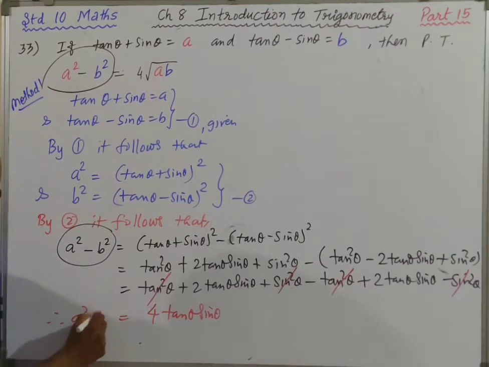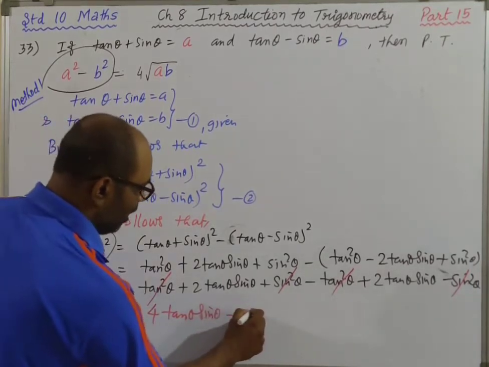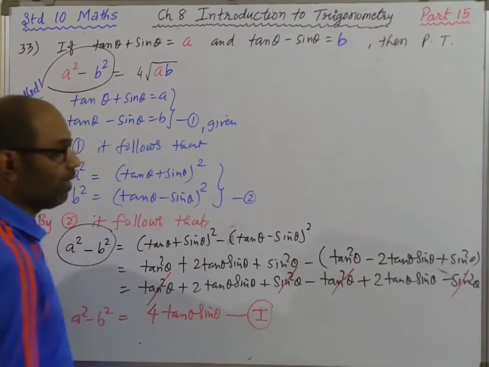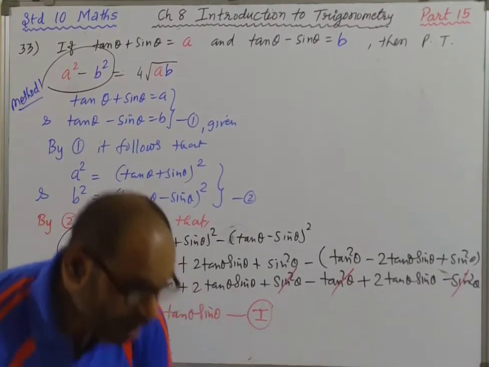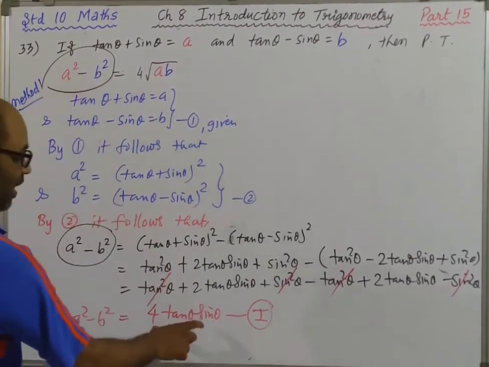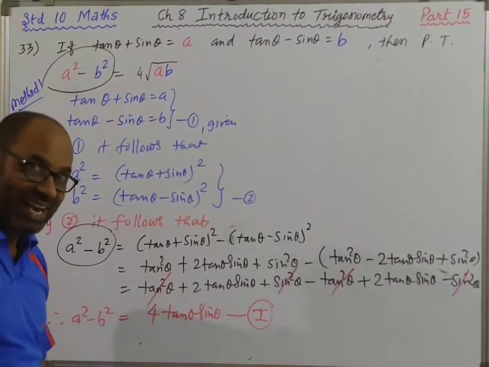Therefore, a square minus b square is this. Result first. अब हमें लेफ्ट हैंड साइड का सिंप्लीफिकेशन 4 times tan theta into sin theta.